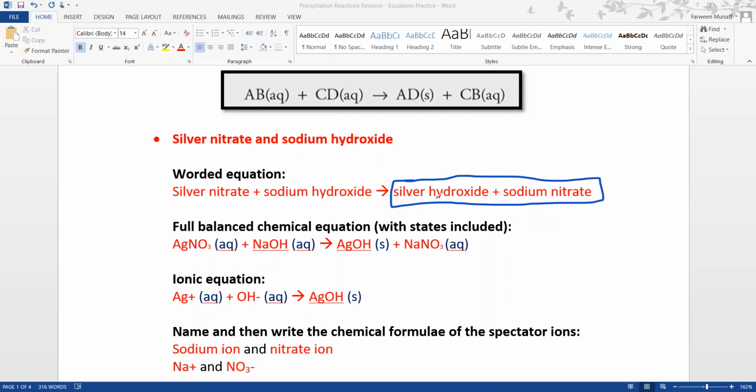So I'll ask again, out of these two products, which one is the precipitate that's formed? What did we say about the precipitate, guys? Did we say the precipitate is a gaseous substance? Did we say it's an aqueous substance? Did we say it's a solid substance? Which of the following best describes the precipitate? Is it solid? Is it aqueous? Or is it gaseous? Or is it liquid? Which one is it?